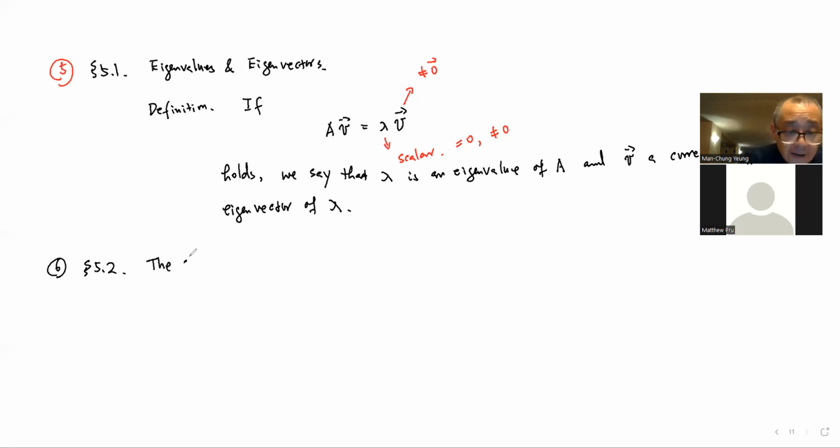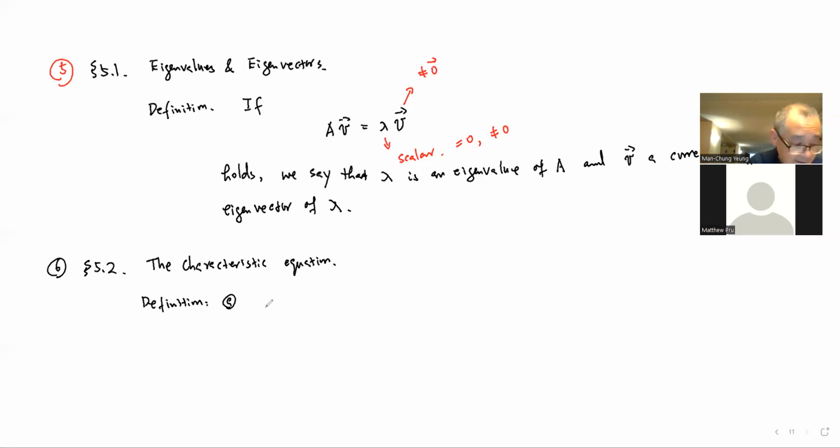The characteristic equation. How to find all the eigenvalues of a matrix? Definition: there are two parts.